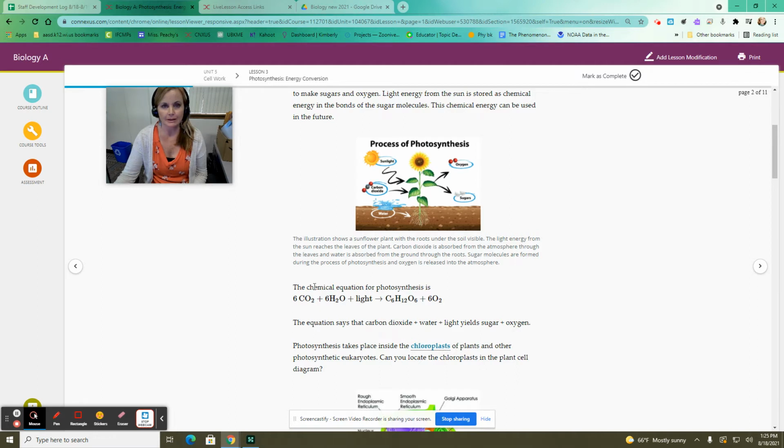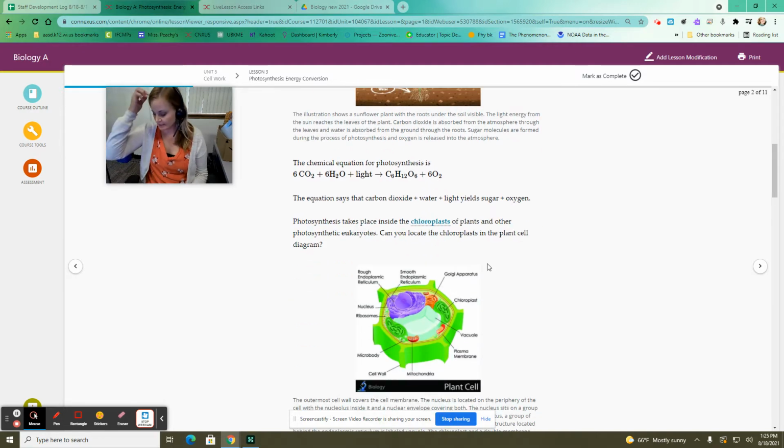So it's telling you that we need 6 parts carbon dioxide, 6 parts water, and sunlight, and through the chemical process of photosynthesis that is converted to a molecule of glucose sugar, plus 6 oxygens. So that's the chemical process of photosynthesis.